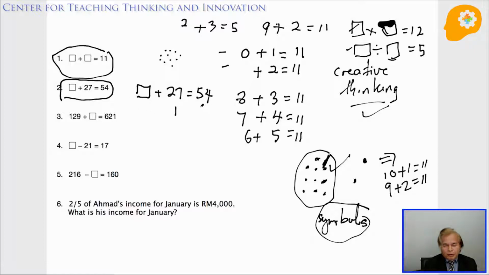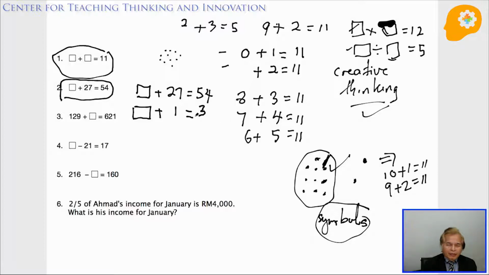Instead of 54, put 3. I suggest using 1 and 3. So the bigger number 3, put at the bottom of the bigger number in the equation given here. And the lesser number, 27, you put 1 under that lesser number. And then ask him to rewrite the equation there. Just follow whatever has been written up there.